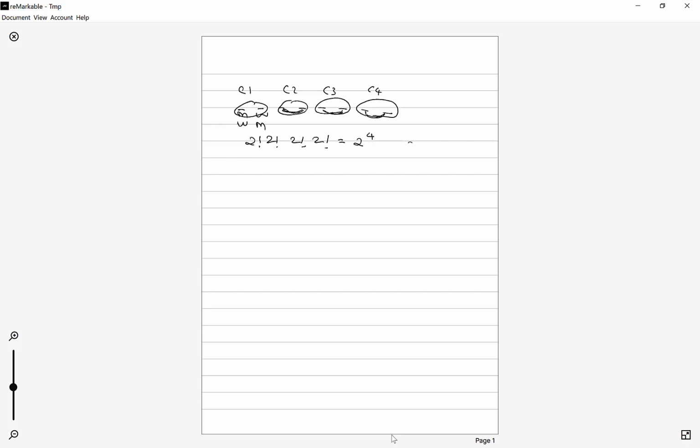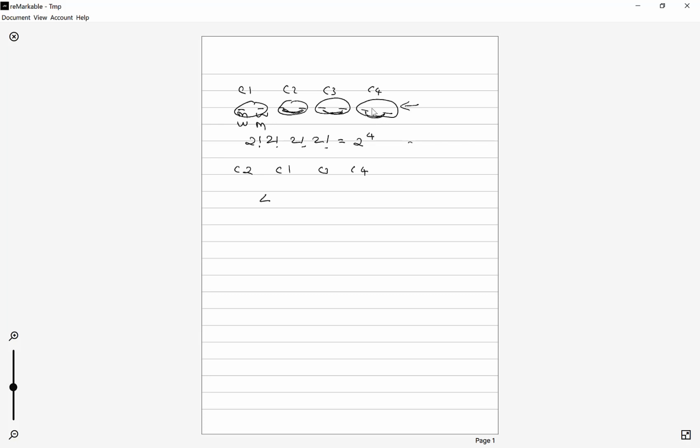But now I can rearrange the order of the couples, right? So I can, for example, have couple 2 first, then couple 1, couple 3, and couple 4. So I can basically rearrange the sequence of couples, right? So if I call this the first couple, second couple, third couple, and fourth couple, these 4 couples can be rearranged in 4 factorial ways, right?